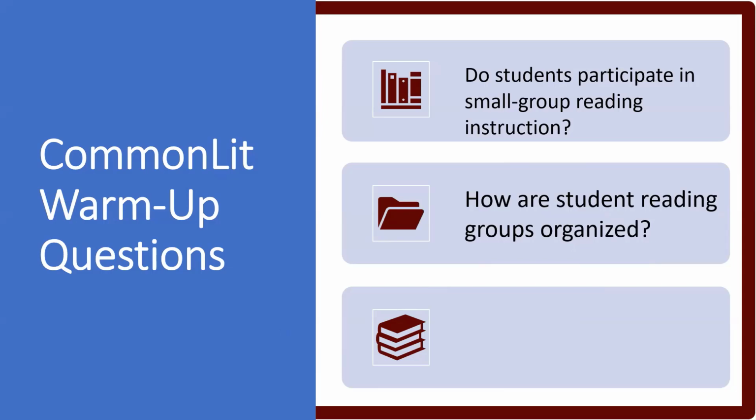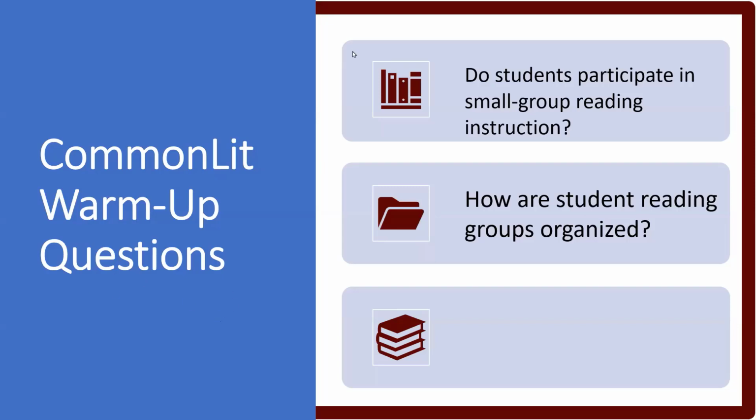Let me give you some ideas as far as how I mean organized. Are you organizing them by ability level, by interest, by the product that they're going to produce? Maybe we're thinking about differentiation here. So how are you organizing your reading groups?